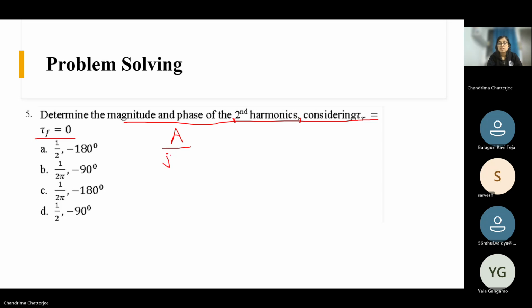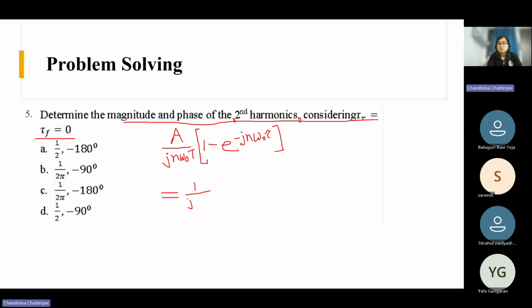j n omega naught t, 1 minus e to the power minus j n omega naught tau. Here also tau by T equal to 1 by 4 and A is equal to 1. n equals to 2 because it is second harmonic.